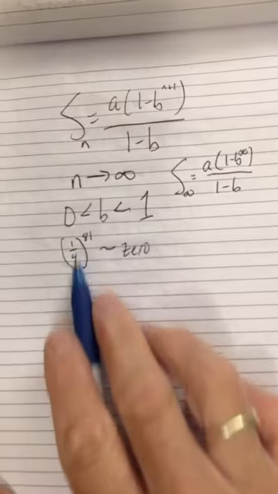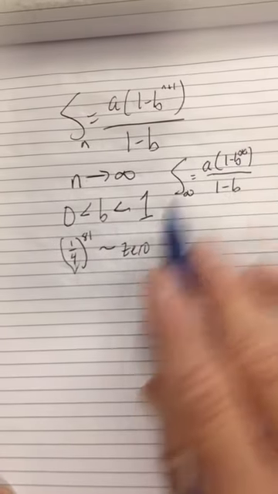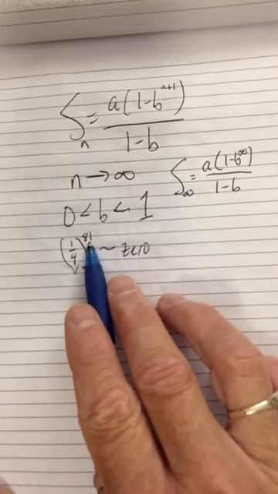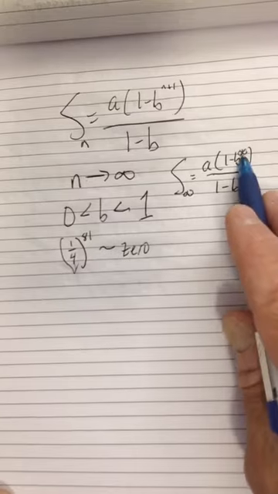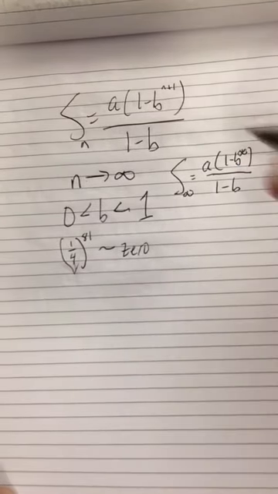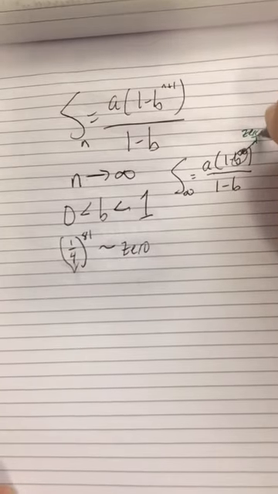So imagine some proper fraction being raised to the infinite power. 81 is not anywhere like 81 million, 81 quadrillion, 81 googols. This is just going to go to 0. So this term here zeroes out.